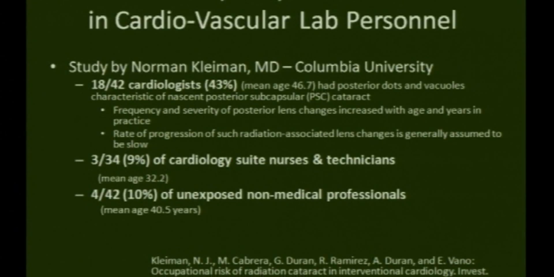For cardiologists, we find that they had a fairly high incidence, 43%, compared to some of the support personnel who, by the way, are usually much younger, and non-exposed, non-medical professionals about the same, which is very interesting, at least in this study. Support staff versus those who have nothing to do with medicine and never got any radiation, about the same.